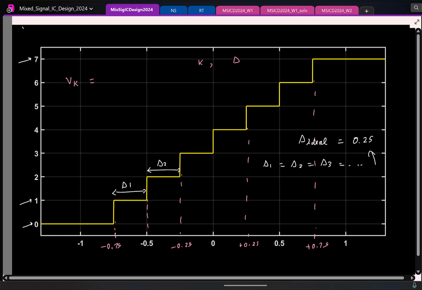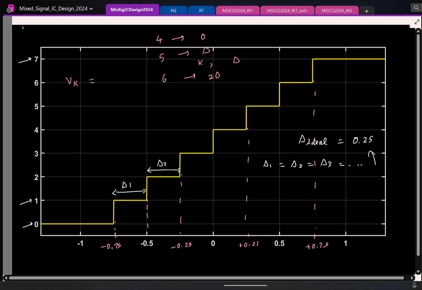So the easier thing to notice is, for code 4, the transition voltage is 0. For code 5, the transition voltage is 0.25, which is delta. With this information, for code 4, transition voltage is 0. For code 5, it is delta. Code 6, it will be 2 delta, and so on.